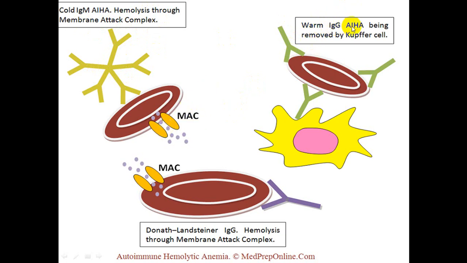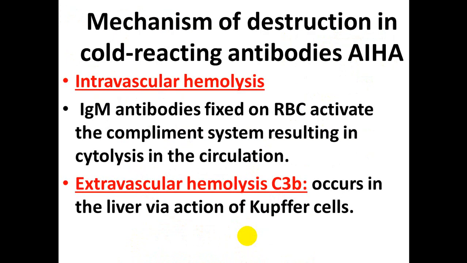Warm IgG autoimmune hemolytic anemia is removed by Kupffer cells in the liver, and these are Donath-Landsteiner IgG, which hemolyzes through the membrane attack complex of complement.